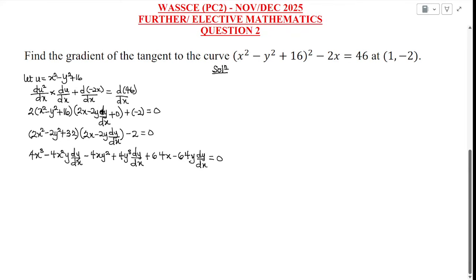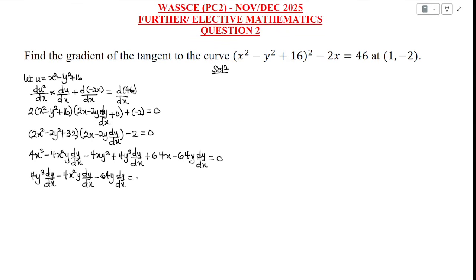All right, so grouping them, let me start with the positive ones. Grouping like terms, I have positive 4y³ dy/dx, I have −4x²y dy/dx, then I have −64y dy/dx. Then I group the other ones to the right-hand side of the equation.